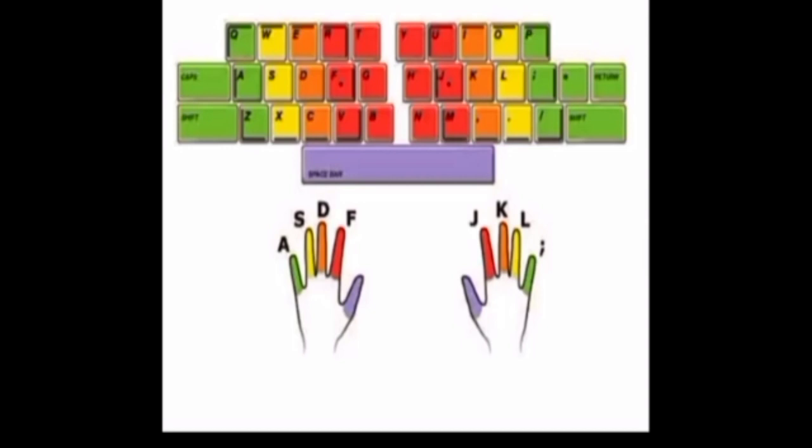Yes, it is the little finger of our left hand. And on the right side also there is a shift key, so the little finger can be used. Now which key is pressed by our thumb? Yes, it is the space bar.